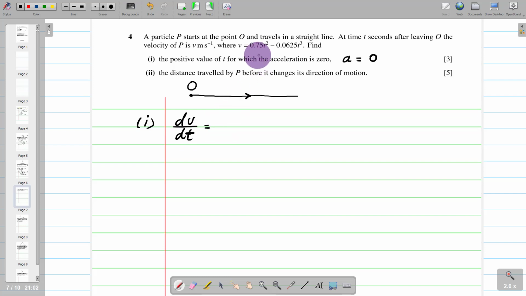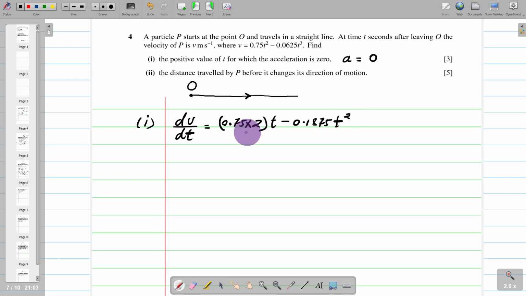So our dv/dt will be like this: 0.75 times 2t, minus, we multiply this one times 3, and this one will give us 0.1875 when we multiply 0.0625 times 3, t raised to power 2.